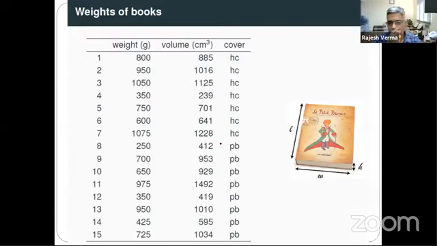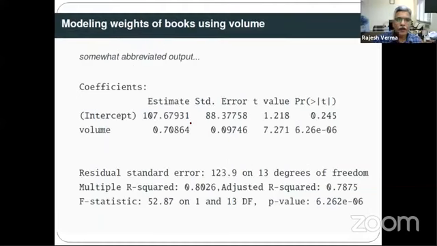I will give you an example of multiple linear regression. We have here a data table where the weight of a book and its volume in centimeter cube, and the nature of its cover, that is hard cover or paper bound, is tabulated. When we model using the volume, it will be simple linear regression.